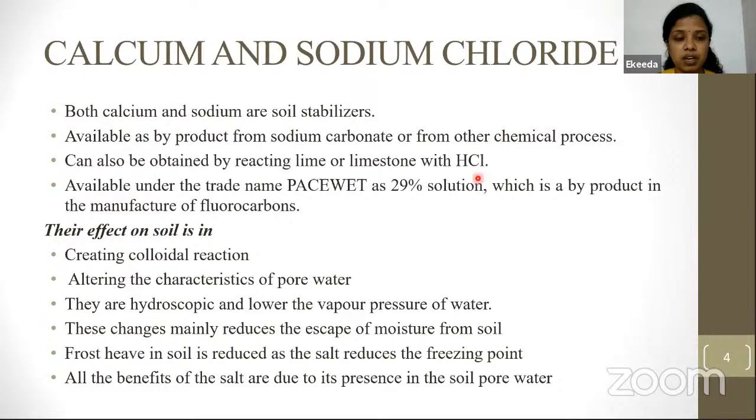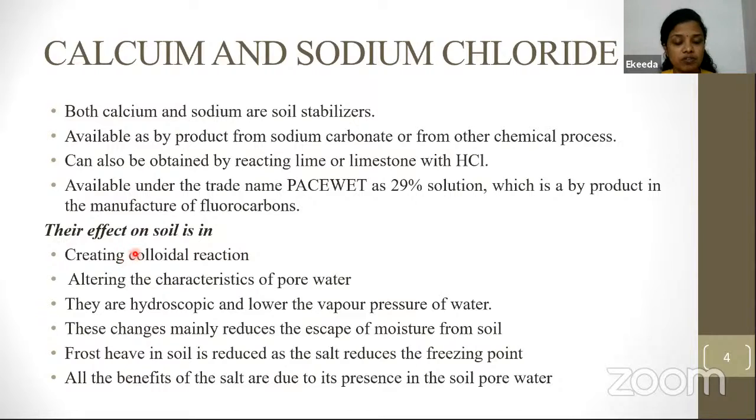They are also available under the trade name Pasta Wet as a 29% solution, which is a byproduct in the manufacture of fluorocarbons. So all these are the methods by which we get calcium and sodium chlorides, and these are the chemicals that we can use for stabilizing the soil.